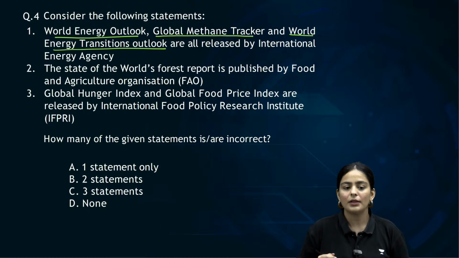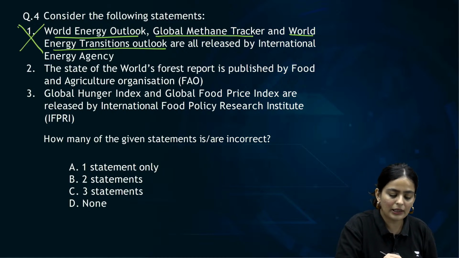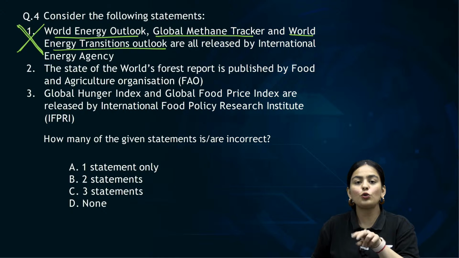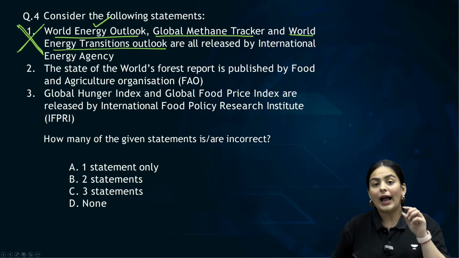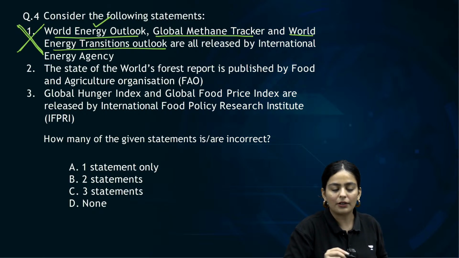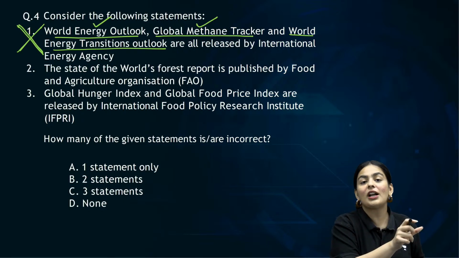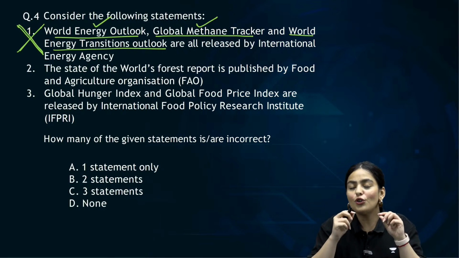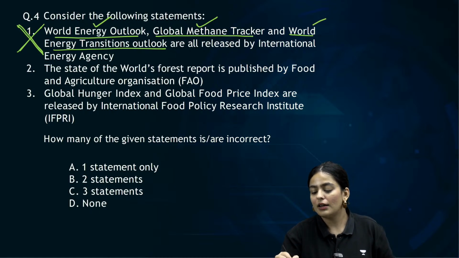That statement is incorrect, because the first two reports that are given, that is World Energy Outlook and Global Methane Tracker, are published or released by IEA, but the World Energy Transitions Outlook is not launched by IEA, it is launched by IRENA.